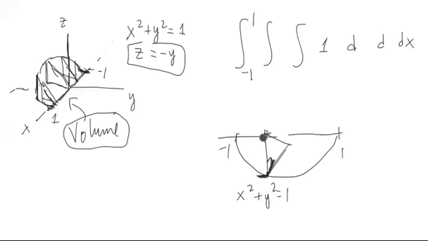So if we're thinking about y, y is going between 0 and whatever this y value is, which we compute: y is equal to the negative square root of 1 minus x squared. So y will be going from here to here. Let's do that. So dy: y will be going from, starting down below right here, negative square root of quantity 1 minus x squared, all the way up to 0.